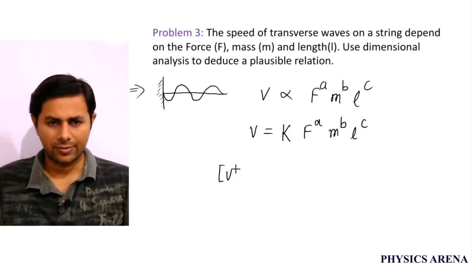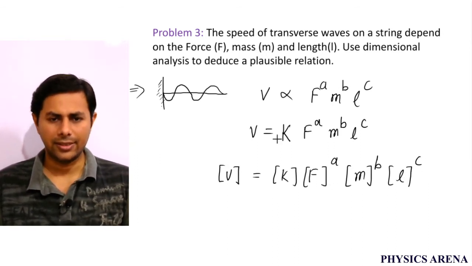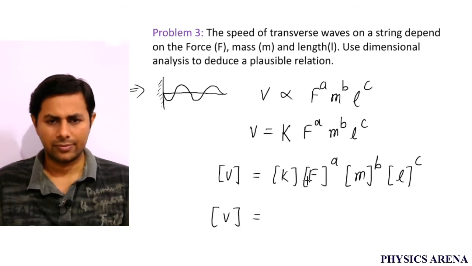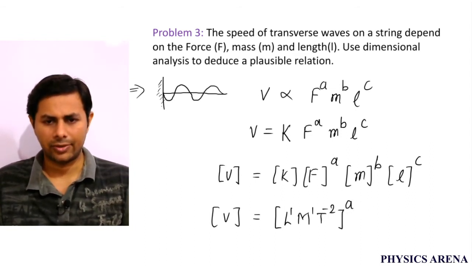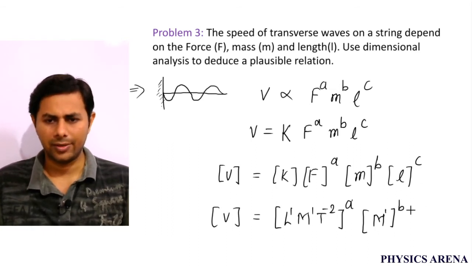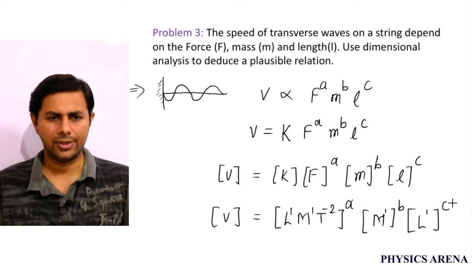So dimensions of V will be equal to dimensions of K times dimensions of F raised to A multiplied by dimensions of M raised to B multiplied by dimensions of L raised to C. And K is dimensionless, so this term doesn't have any dimensions, and therefore V will be equal to dimensions of F raised to A, and dimensions of F are L1, M1, T raised to minus 2, and we have raised to A. Then dimensions of mass are M raised to 1 and power of that is B, and dimensions of length is L raised to 1. So L raised to 1 and raised to C.